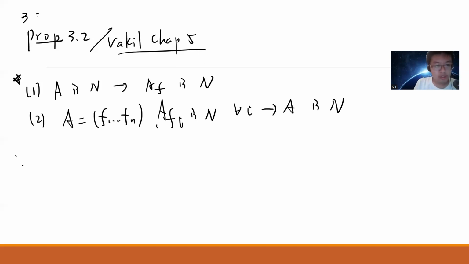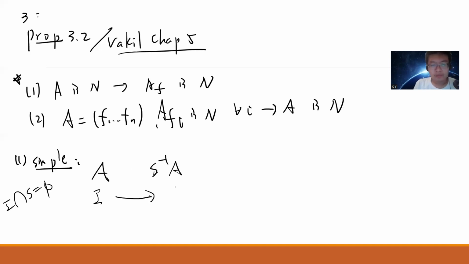The first one is very simple. We use the correspondence of ideals. Let me just write it down. If you have A and its localization S^{-1}A, then any ideal I of A whose intersection with S is empty maps to S^{-1}I, which is an ideal of the localization.